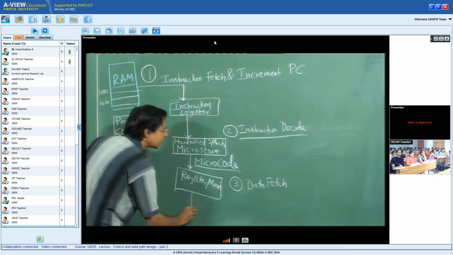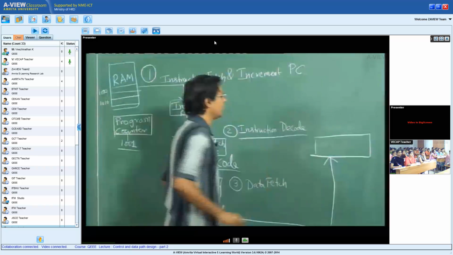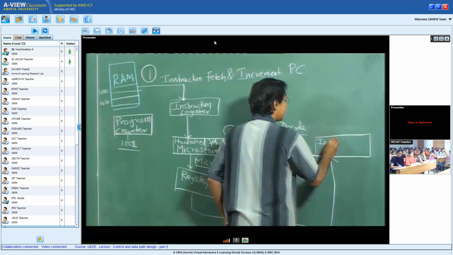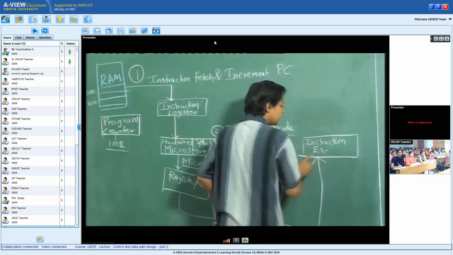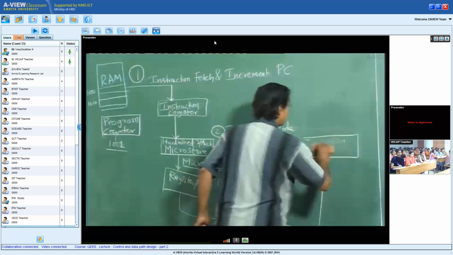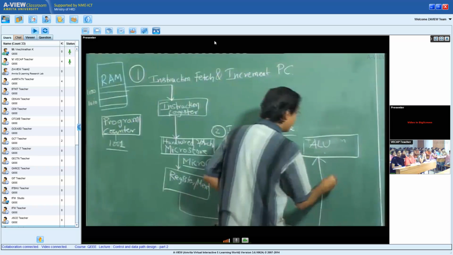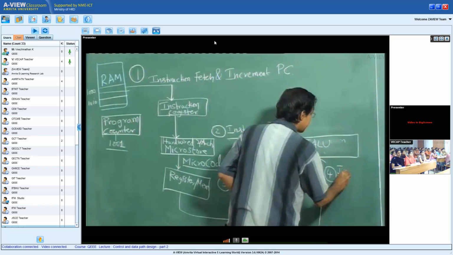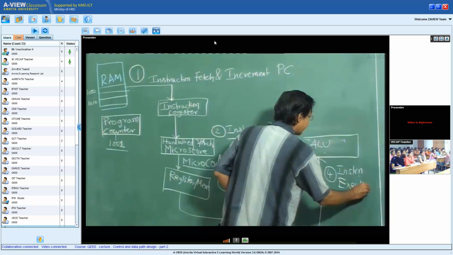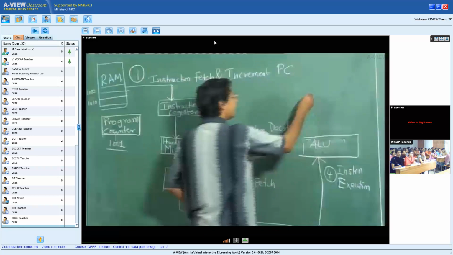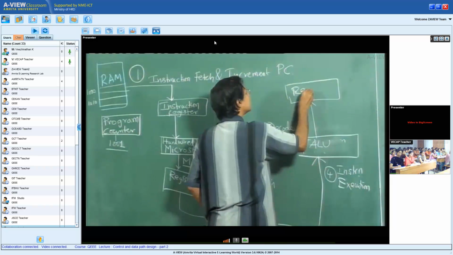Then your instruction execution, this is your ALU, and you do the instruction execution. And then there is a final stage where you again store the results.